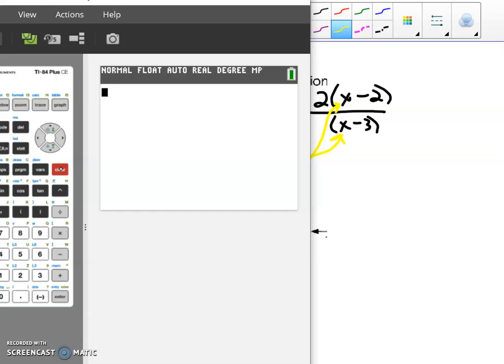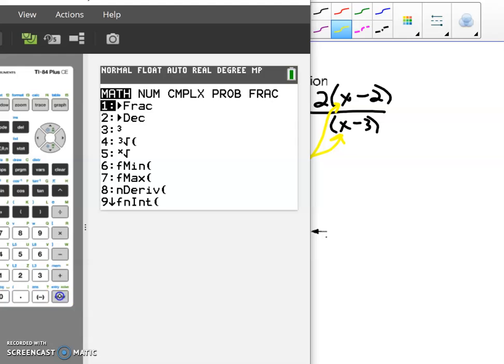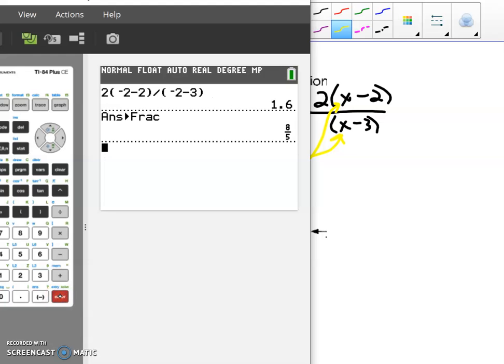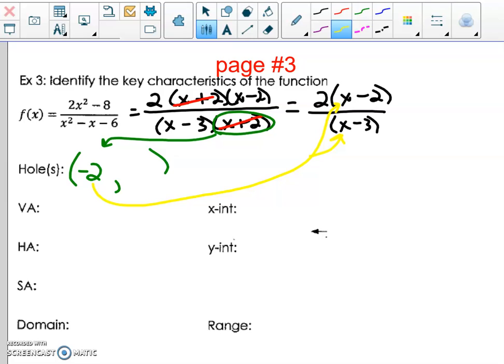So we've got 2 parentheses, negative 2 minus 2 divided by negative 2 minus 3. So that means our y value is going to be 8/5. What you'll notice about most holes is that the y value is going to be a fraction.